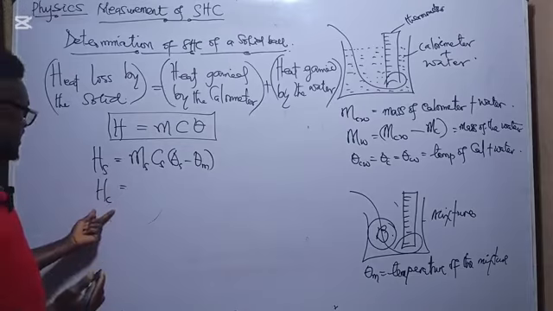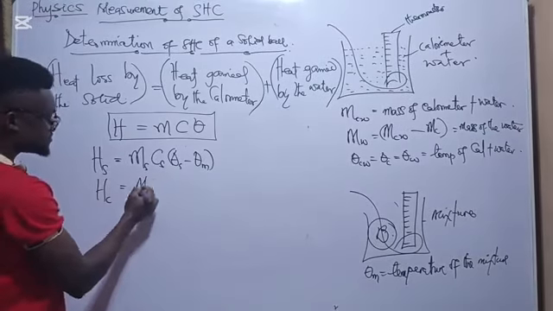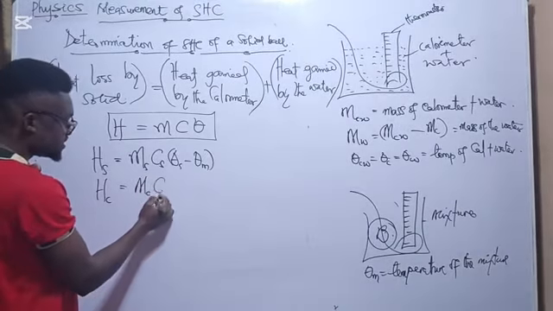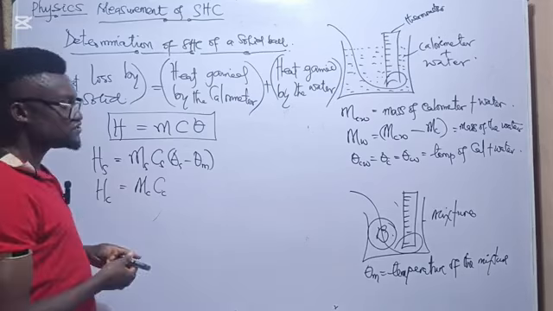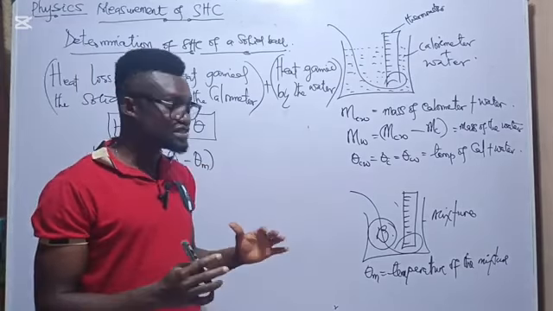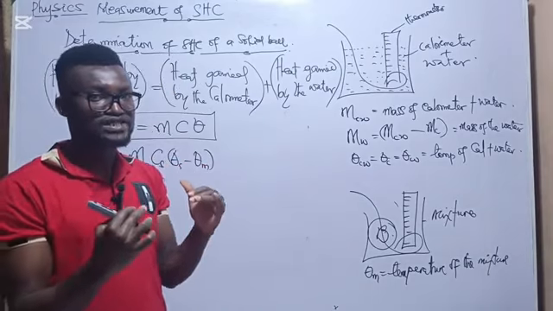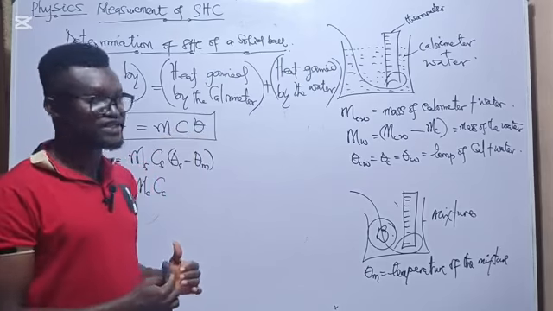Now, we get the heat gained by the calorimeter. We have the mass of the calorimeter, the specific heat capacity of the calorimeter, then the temperature change of the calorimeter. You remember that the temperature of the calorimeter is mild, not up to that of the hot solid.